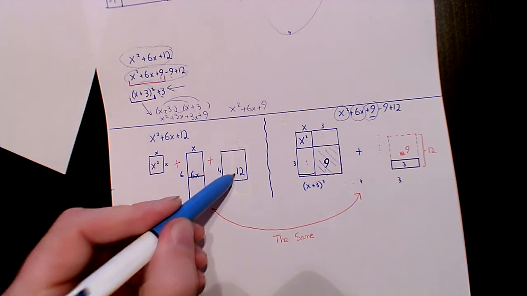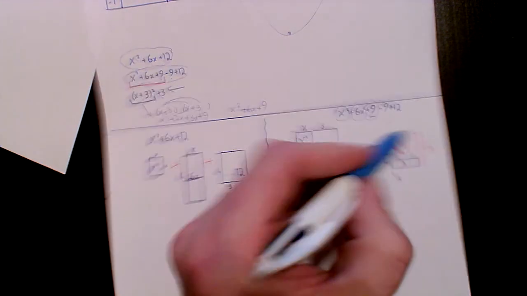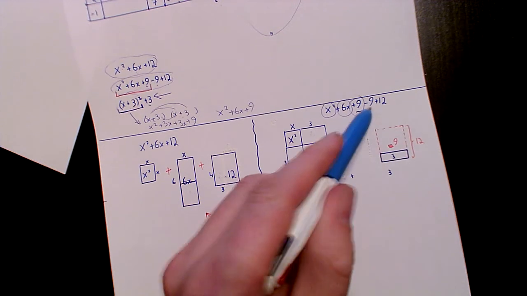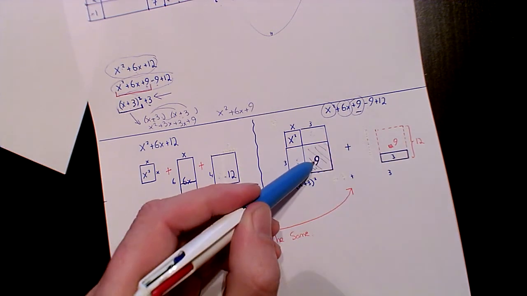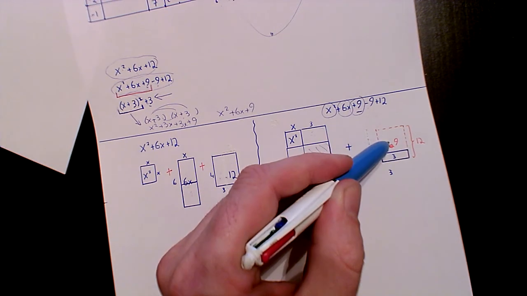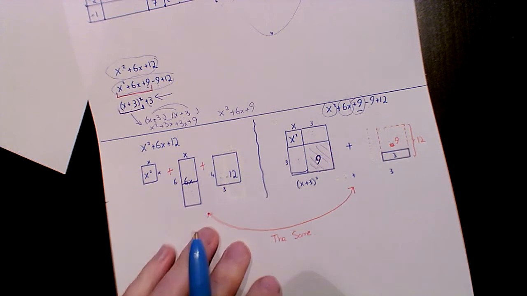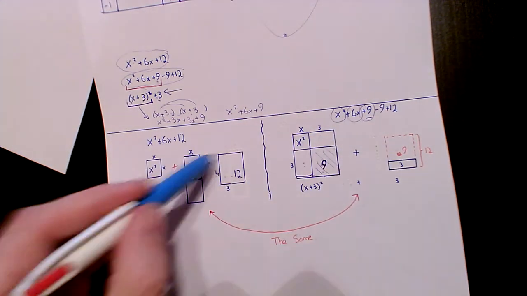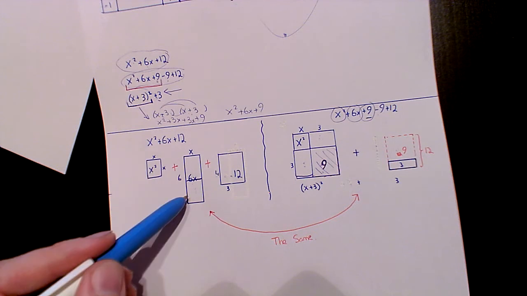Now, I have this 12. This is over here. So that was a full 12. But now I take away the 9 that I added in here. I take it away from this. And I'm left with 3. And hence why this is actually the same area as that.